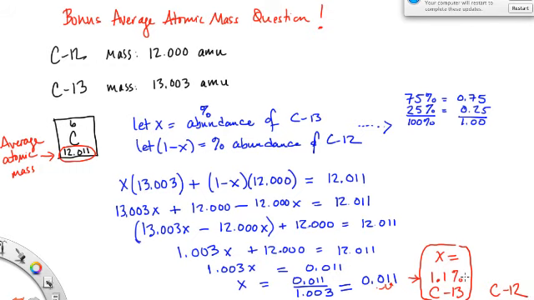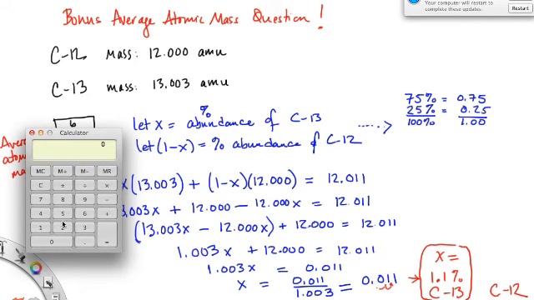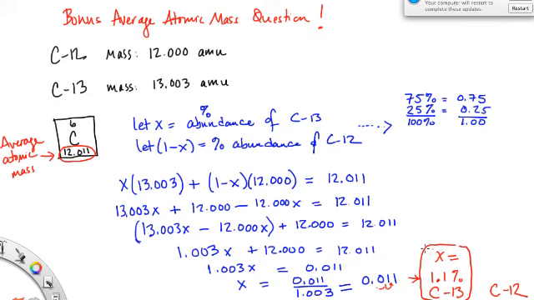If this is 1.1%, and if you don't believe me, we can pull out the calculator. So 100 minus 1.1, hopefully we can really do this in our heads, is 98.9%. So the percent abundance of carbon-12 is 98.9%.